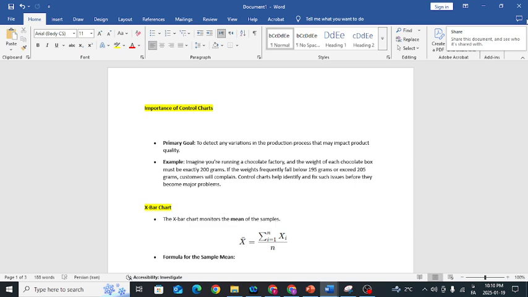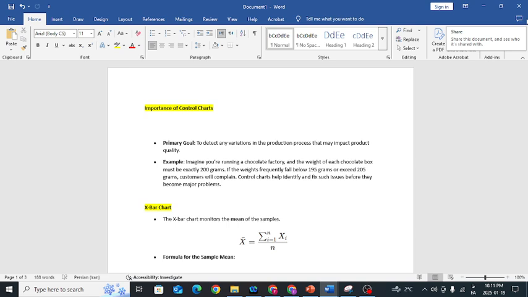By the end of this session, you will have a clear understanding of how to use control charts to monitor and improve quality, how these tools integrate with larger frameworks like Six Sigma and SPC, and how to apply these concepts to real world scenarios. So guys, I encourage you to take detailed notes and actively engage with the example, as this knowledge will be valuable in your professional journey.